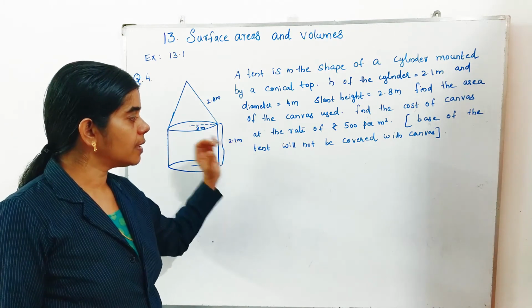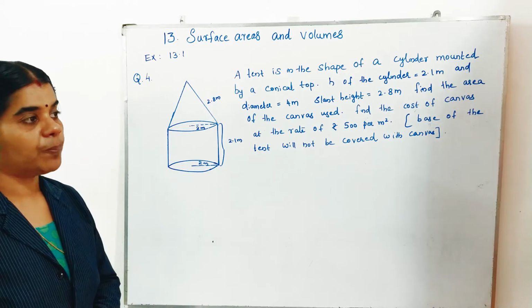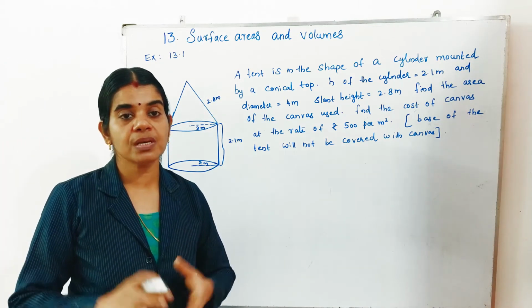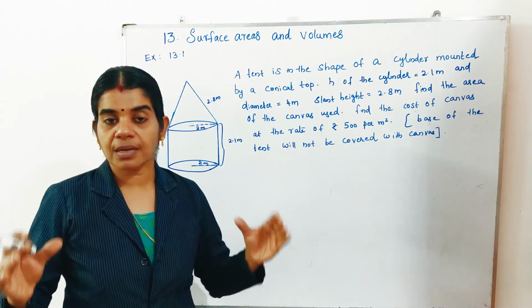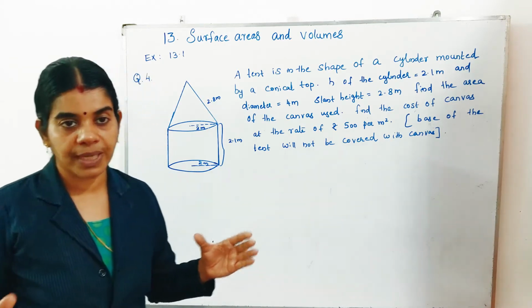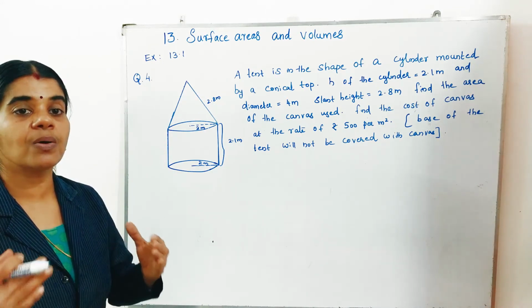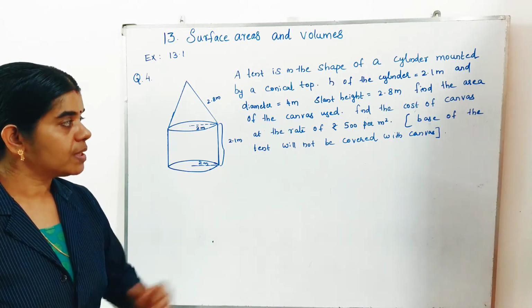They already said the base of the tent is not covered with the canvas. So what all part? Just imagine a tent. How much part of the tent are you viewing? The curved surface area of the cylinder part you are looking at, and the top, that is the roof of that tent, that is the conical part, that will be the CSA of the cone.